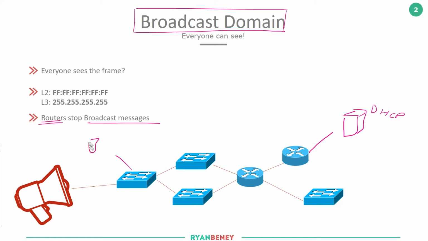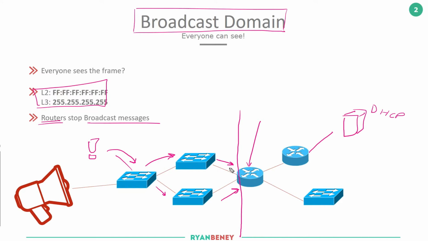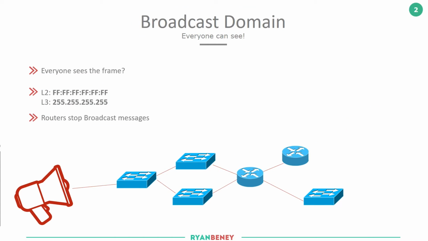When our PC fires up and sends out that DHCP request and it gets flooded to all of the devices, this particular router here will stop that message and no longer allow these broadcast messages to travel beyond that particular domain.